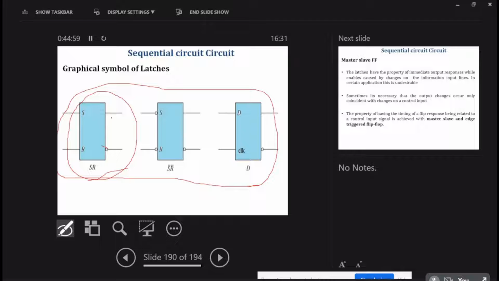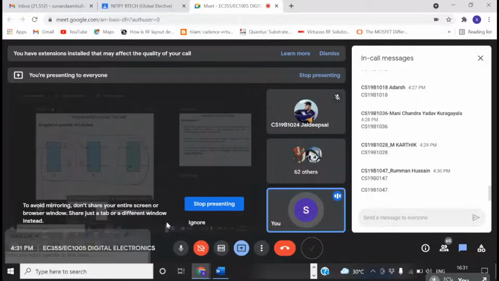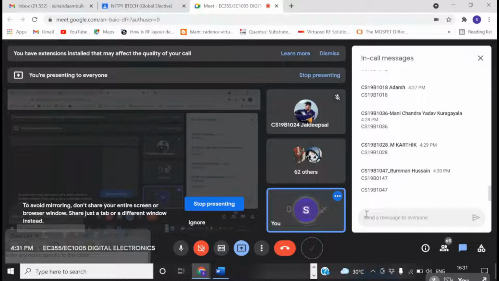This bubble indicates this is Q and this is Q bar. Here again, this bubble indicates this is S bar, this is R bar, and this is the symbol for the D or transparent or data flip flop or latch. In the next lecture we'll see another type of latch or flip flop.